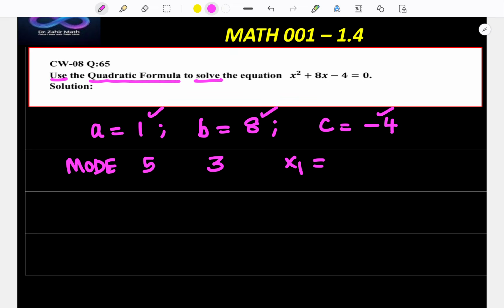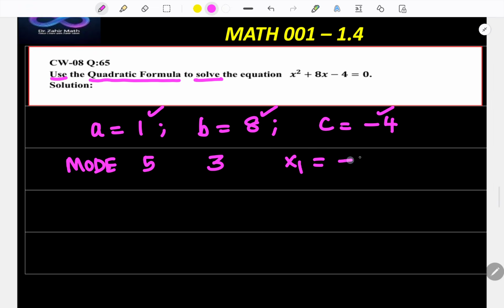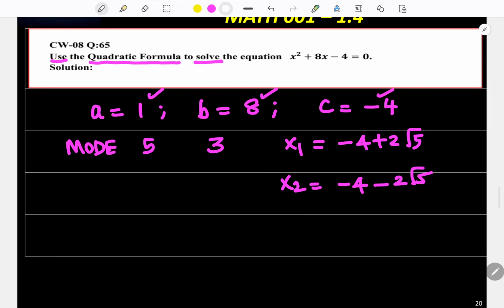So it's 1, then 8, and then negative 4. If I press, I will get the answer negative 4 plus 2 root 5, and x2 equals negative 4 minus 2 root 5. Is it okay? These are the two answers I got. I should get the same answer. This is only for checking.